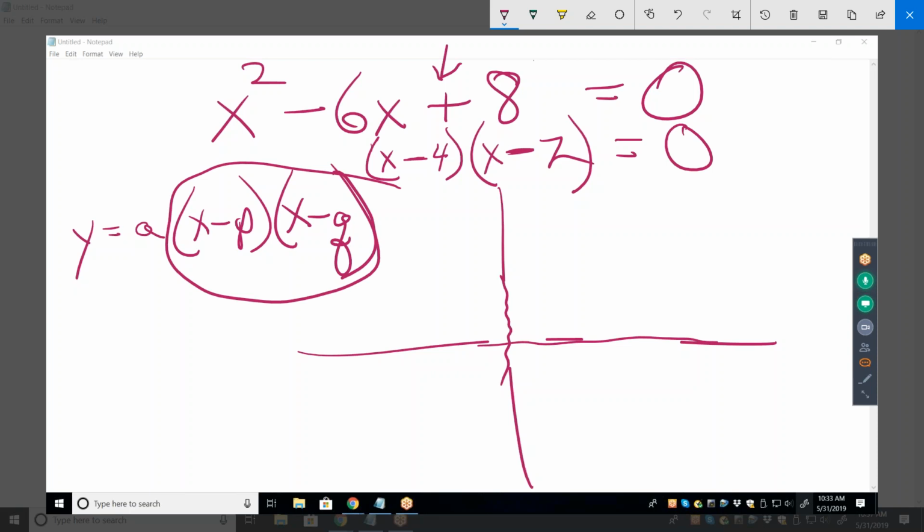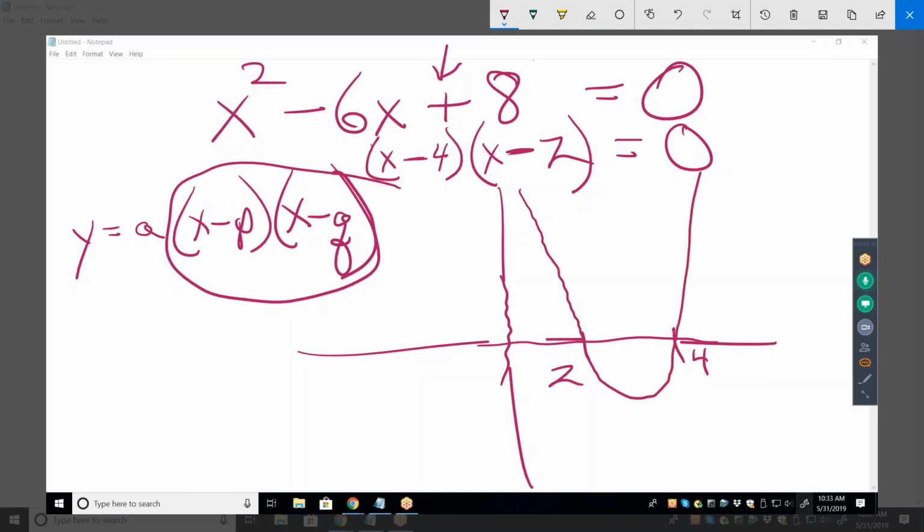No, they're the solutions to this quadratic. It's not negative. Oh, 2 and 4. 2 and 4, right there and right there at 2 and 4. And I know how this thing kind of looks, right?